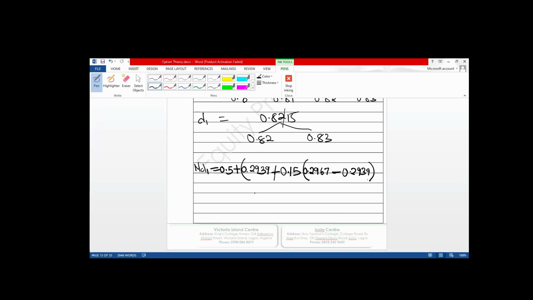Work this figure out now, as stated on the screen or the board. 0.2967 minus 0.2939 multiplied by 0.15, plus 0.2939, plus 0.5.